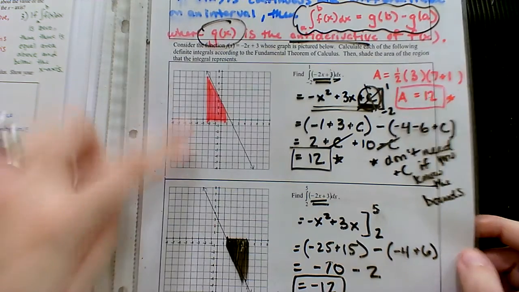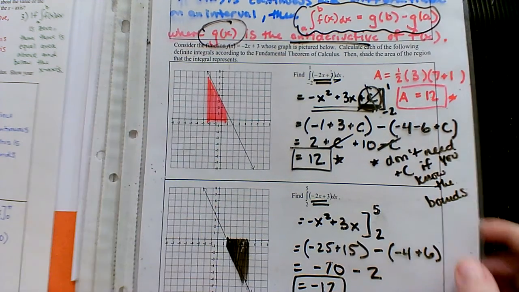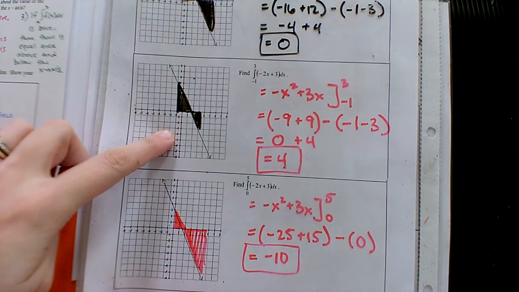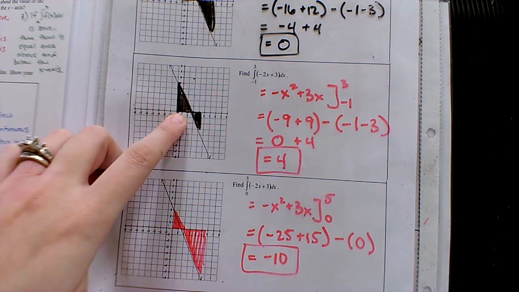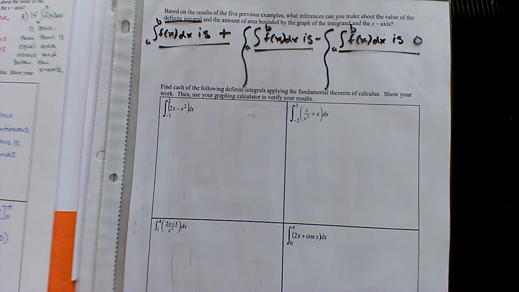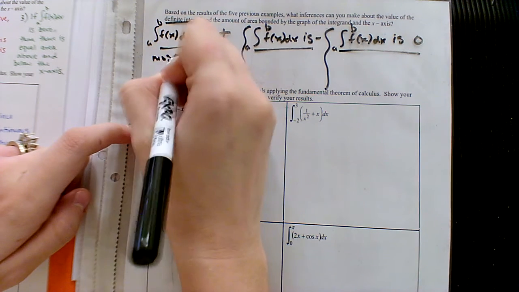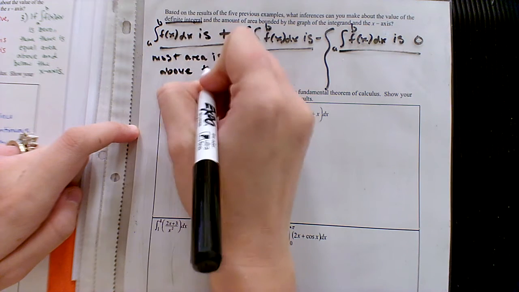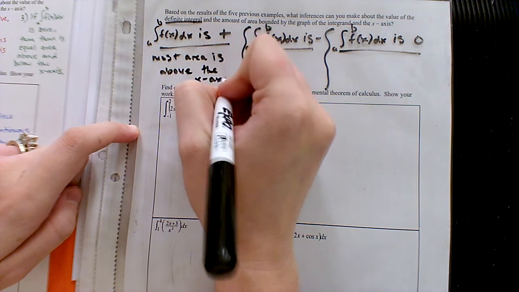Okay, so in the first example, all of the area was above, so that's definitely positive. But on the second example on the back, notice how more of the area was above than below. So just because it's positive doesn't mean all of the area is above. It just means most of the area is above. So most area is above the x-axis.